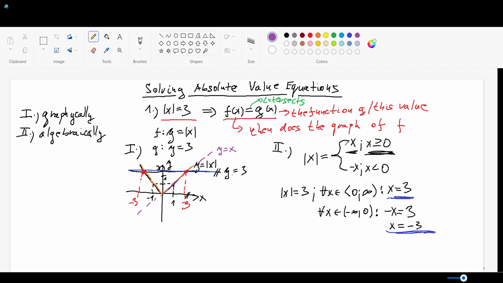The same applies for x from the negative numbers, and the graph of the function y equals -x is this one. So this is how we solve this equation graphically and algebraically.